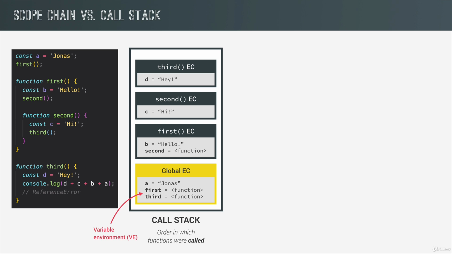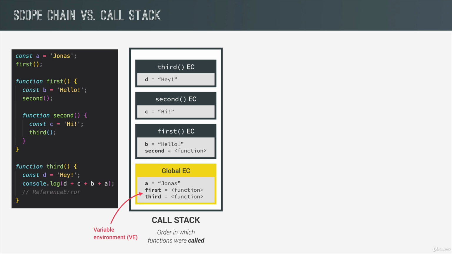For now, all this has nothing to do with scopes or the scope chain, alright? All I'm doing is creating one execution context for each function call and filling it with the variables of that function. And you can pause the video here for a moment to understand the content of each variable environment.